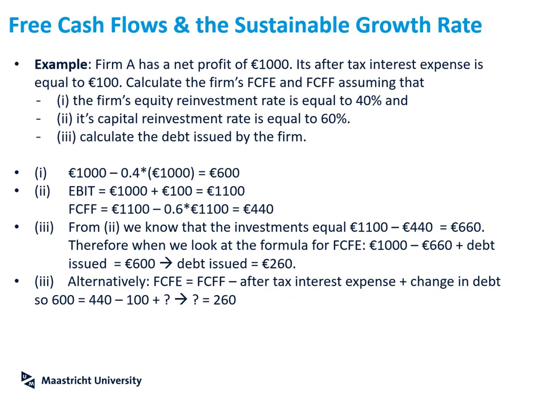So we can also start from the free cash flow to the firm, which is 440, deducting 100, because that was the after-tax interest expense, plus the change in debt. And that should also bring us to the 600 free cash flow to equity. And there you will also see again that the change in debt should be 260, and the firm has issued 260 in debt.